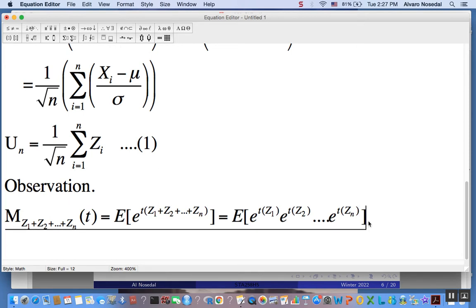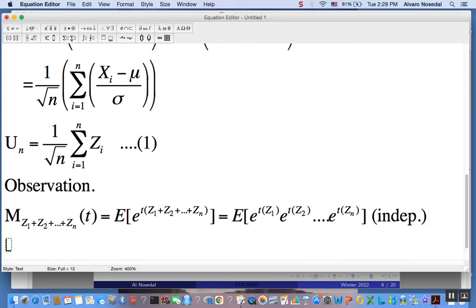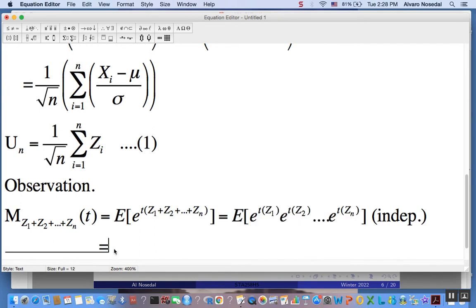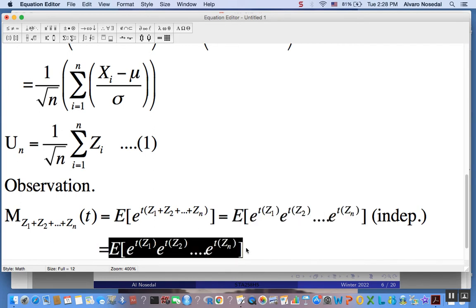Now using the independence between the z's, what we have is just the product of individual MGFs.